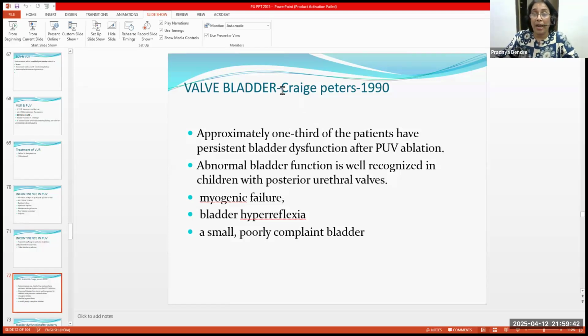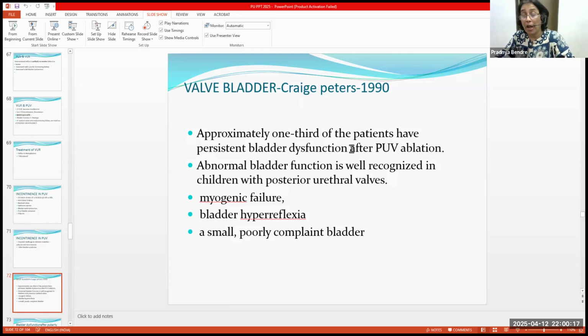The majority of bladders, posterior valve bladders, can enter into the valve bladder syndrome. That may be their natural history. So one third of the bladders close to adolescence start showing deterioration again. Initially we follow them up very frequently in the first couple of years, then the follow-up frequency goes down, but as they enter adolescence, again we have to be more vigilant in following the children for multiple reasons.